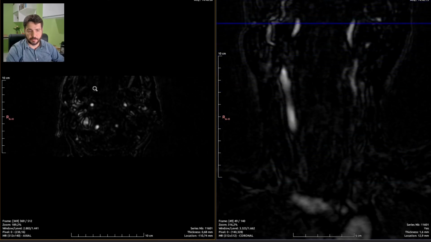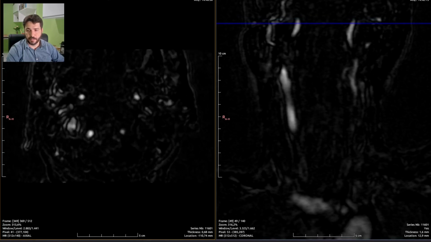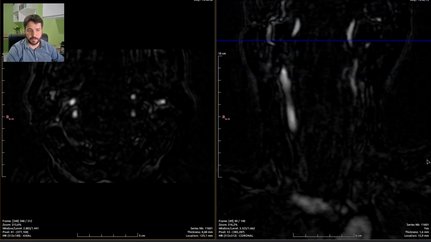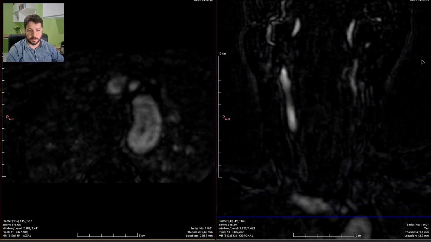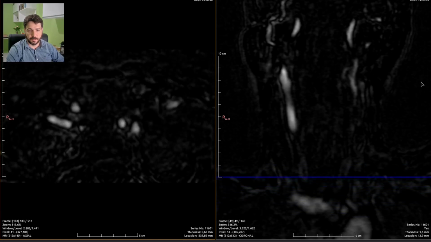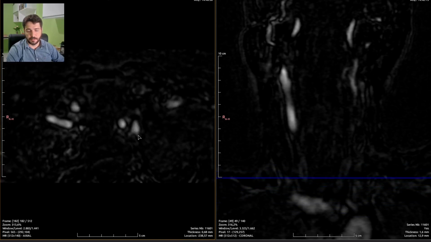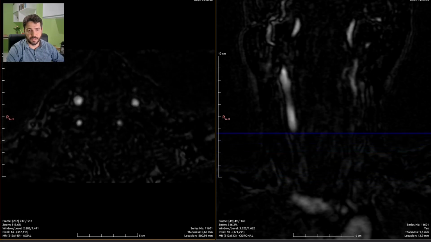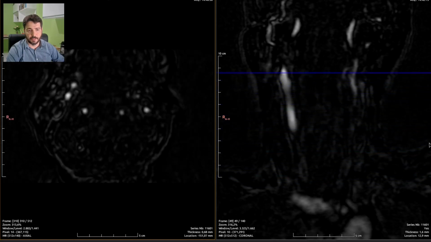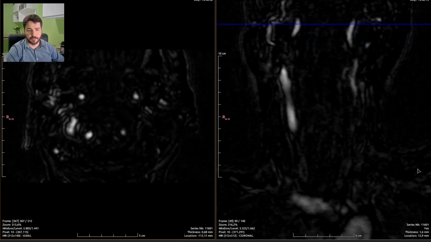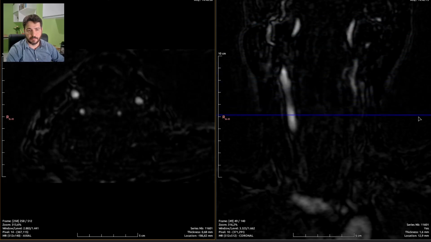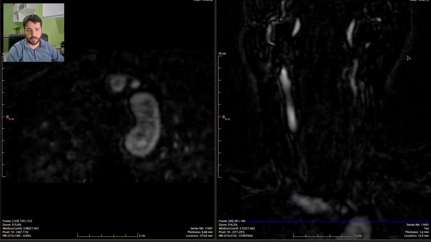So vertebral arteries are fine, a bit tortuous, but fine, as they always are. Signal intensity close to the origin of the vertebral arteries is usually bad, low, and can be quite confusing. But all in all, it seems fine.